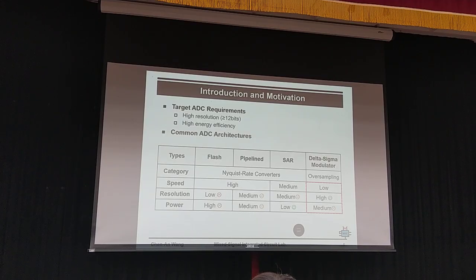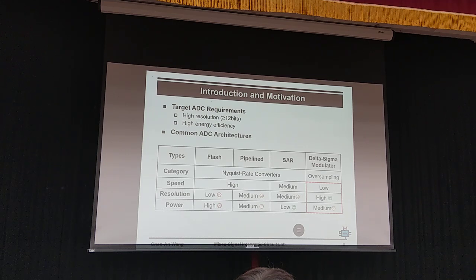Then, why did this research select the delta-sigma modulator for our application? This decision is primarily based on two critical design advantages. First, oversampling technology. Since our target voice application operates in the low-frequency audio range, oversampling allows us to significantly lower the in-band noise floor. And second, most importantly, noise shaping.